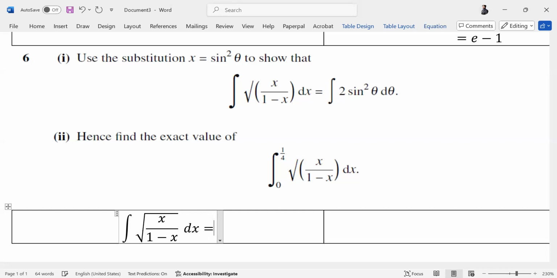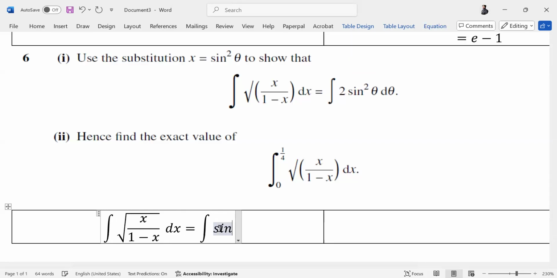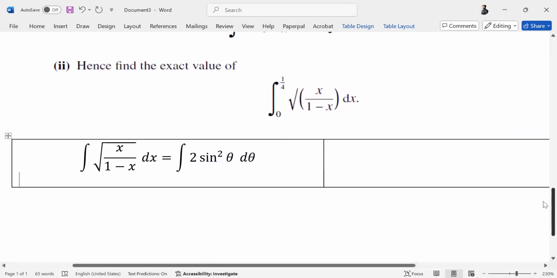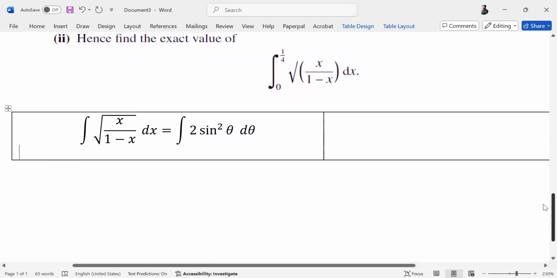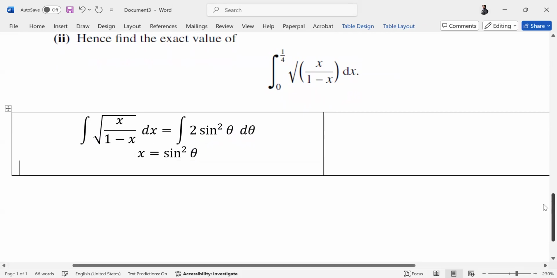And they want you to prove that after substituting, the same integral, the value of the integral doesn't change. कोई इसकी answers नहीं change हो जाते. It's just the way you will integrate that will become easier for you. This is our task, and the substitution that we have been provided is this. Make sense?